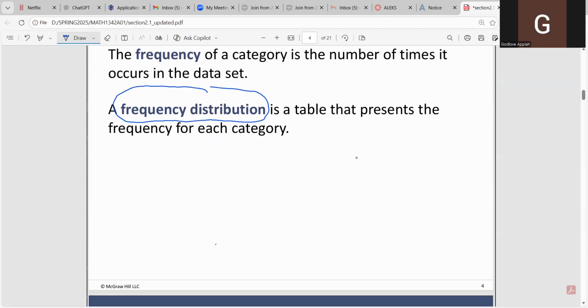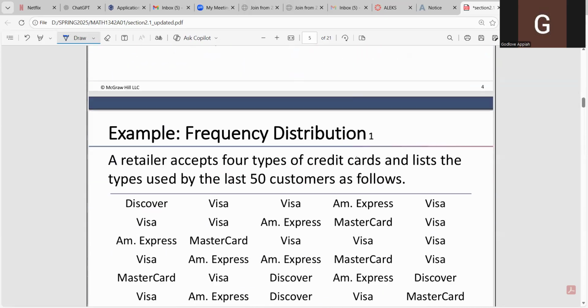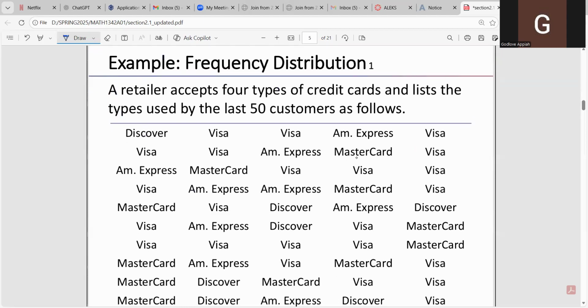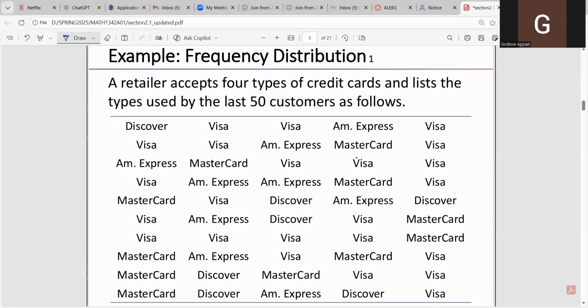All right. Let's look at another example where we have to construct a frequency distribution for a qualitative data. Let's look at this example right here. A retailer accepts 4 types of credit cards and lists the types used by the last 50 customers as follows.